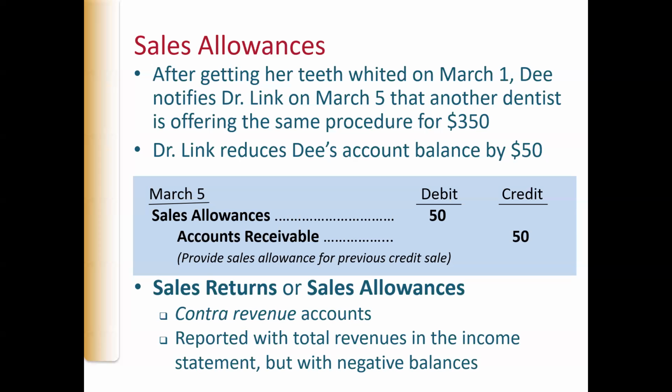It will be reported against total revenues in the income statement, but with a negative balance. Think of it like assets and then accumulated depreciation. That's a contra account against an asset. In this case, this is a contra revenue account.